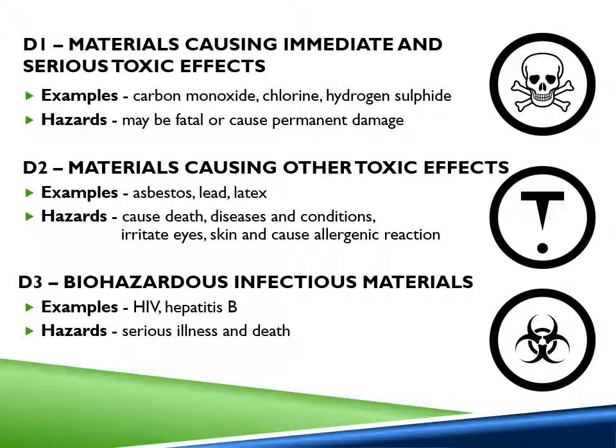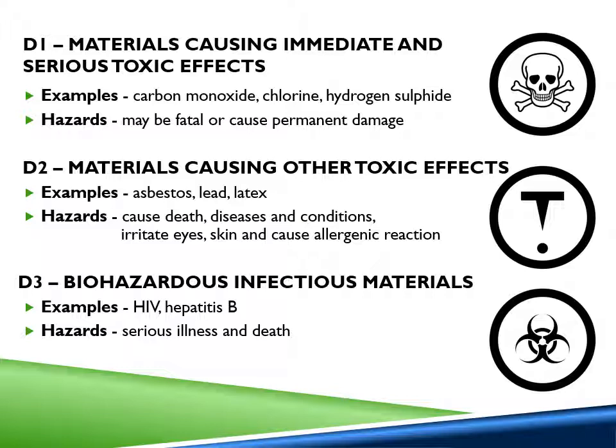Division 2 of this classification is materials that cause other toxic effects. These materials are in fact toxic, however the effects on the worker, if exposed, are not immediate. Latency refers to the concept that some occupational illnesses may not be immediately apparent or known.